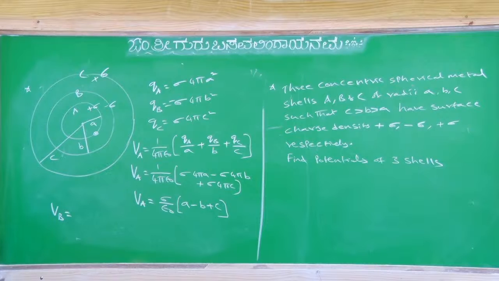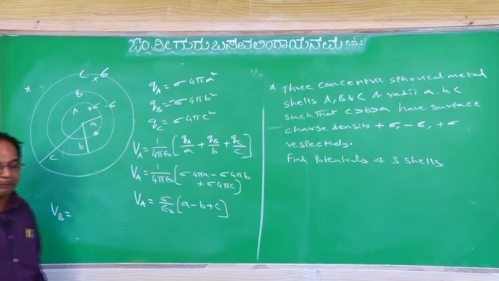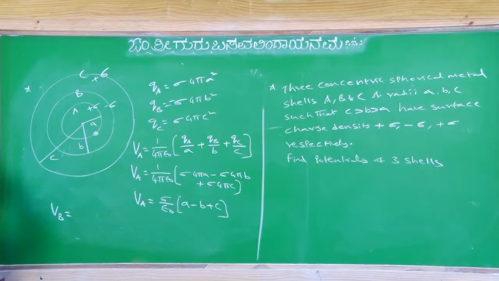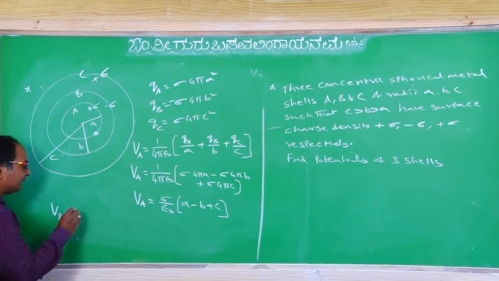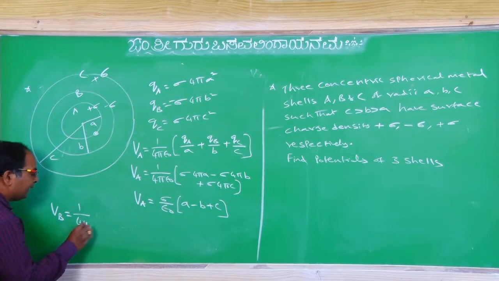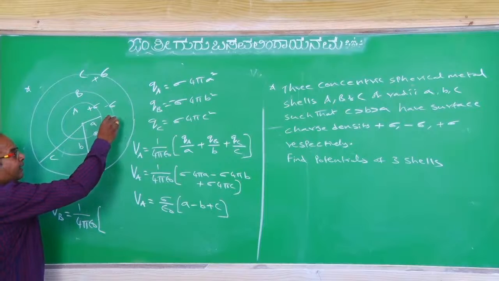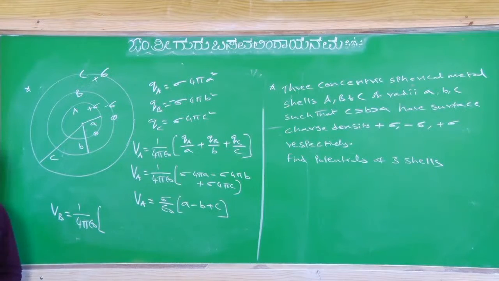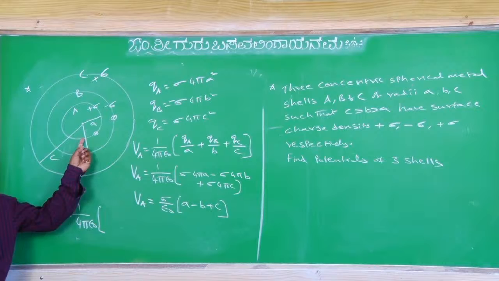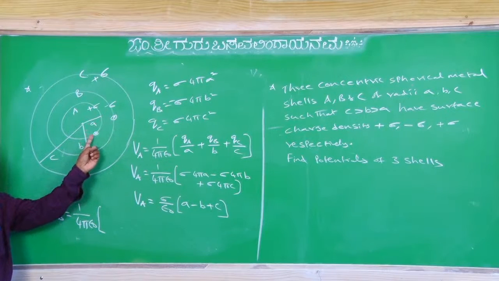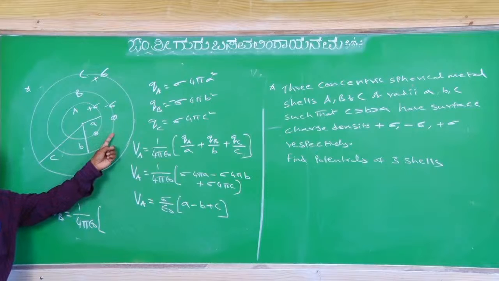Similarly, suppose we are considering VB. Potential at 3 points is asked now. How many points are asked? 3 points. So potential at B, how much? 1 by 4 pi epsilon naught into, now here this is very, very important. Here we are finding potential at B, so you should take the charge QA and consider it on QB.